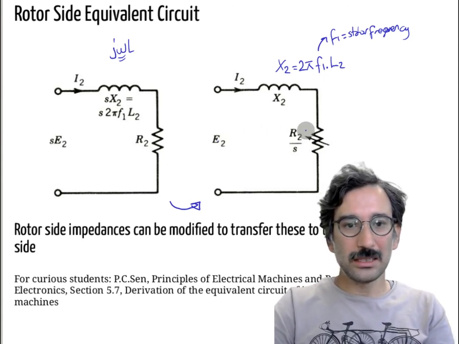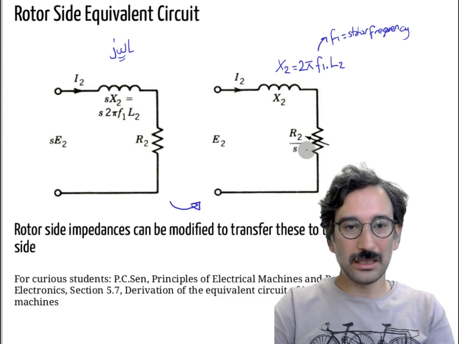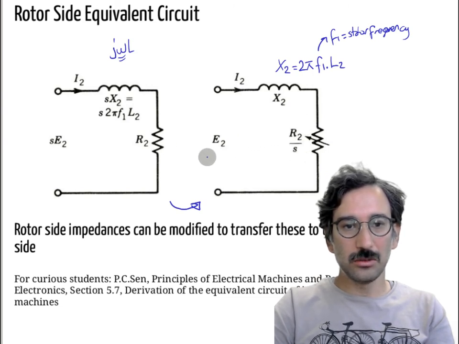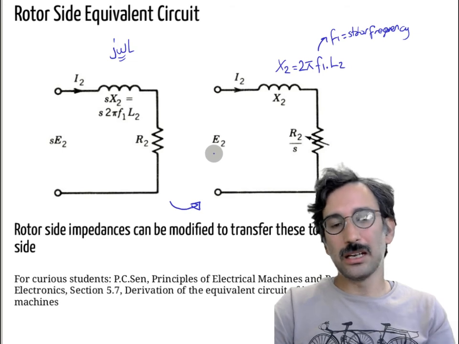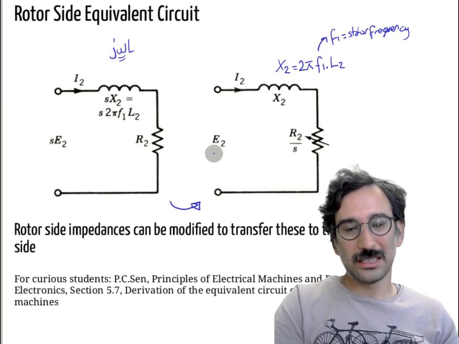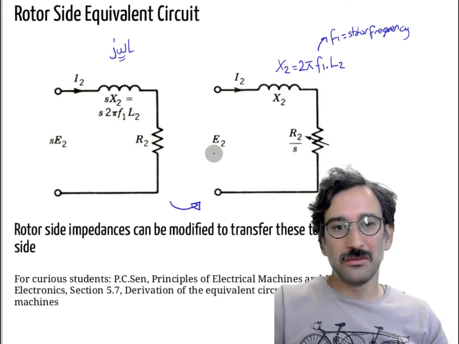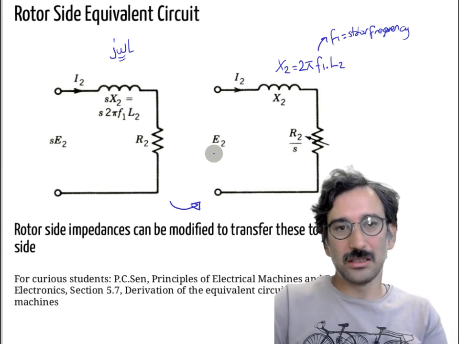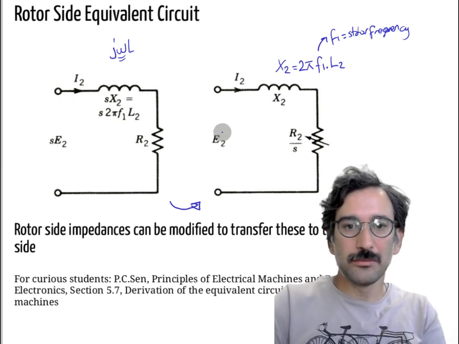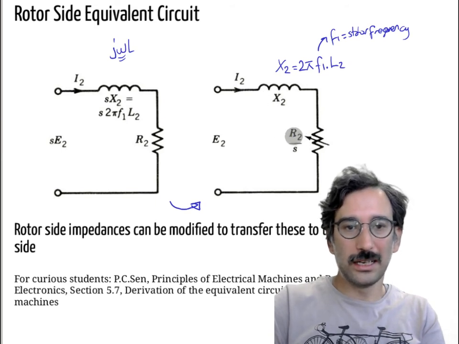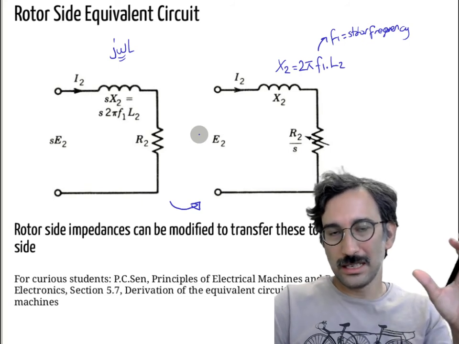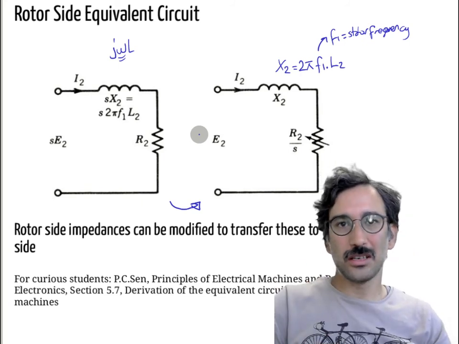So I'm dividing my R2 by S in order to have the same relations. Again, the derivation will be available, and I'm not getting into details in this video. So we have E2, X2, and R2 over S. So now I can connect that rotor side as if it is a transformer.